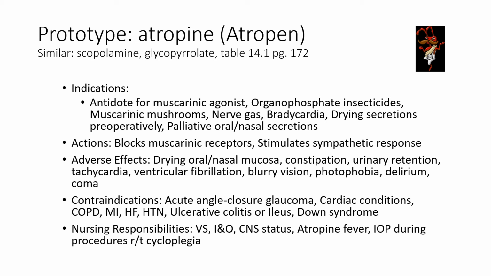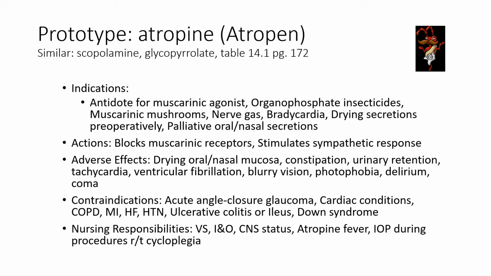So let's look at the indications for atropine. Antidote for muscarinic agonist. Say you're giving pyridostigmine to someone who's taken too much of it. And they were taking it, by the way, for myasthenia gravis. Now they have too much acetylcholine at the neuromuscular junction, plus too much acetylcholine in the parasympathetic synapse. Well, you can use atropine to block the effects of the excessive acetylcholine.